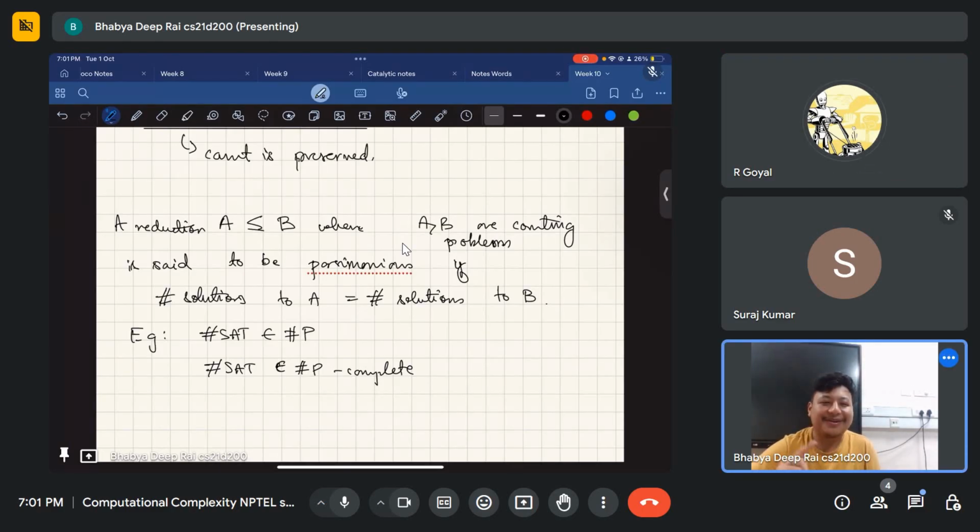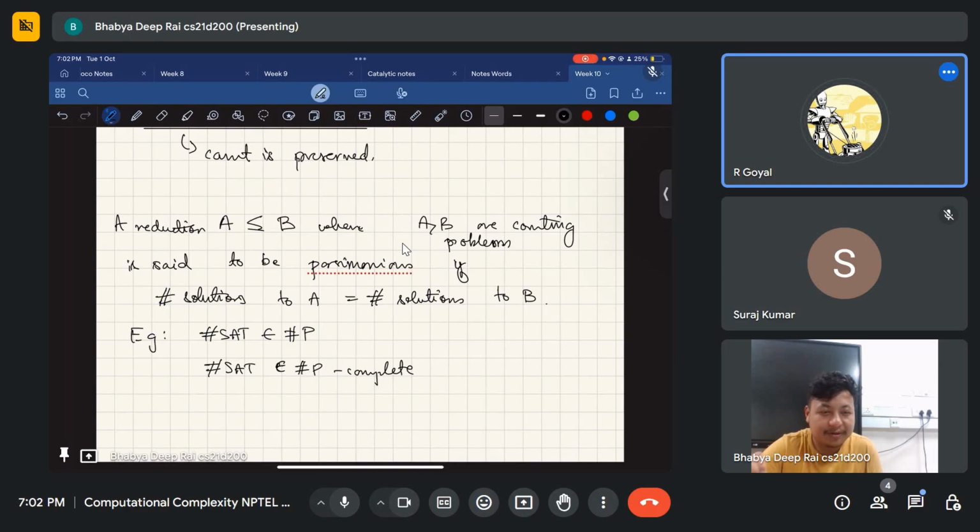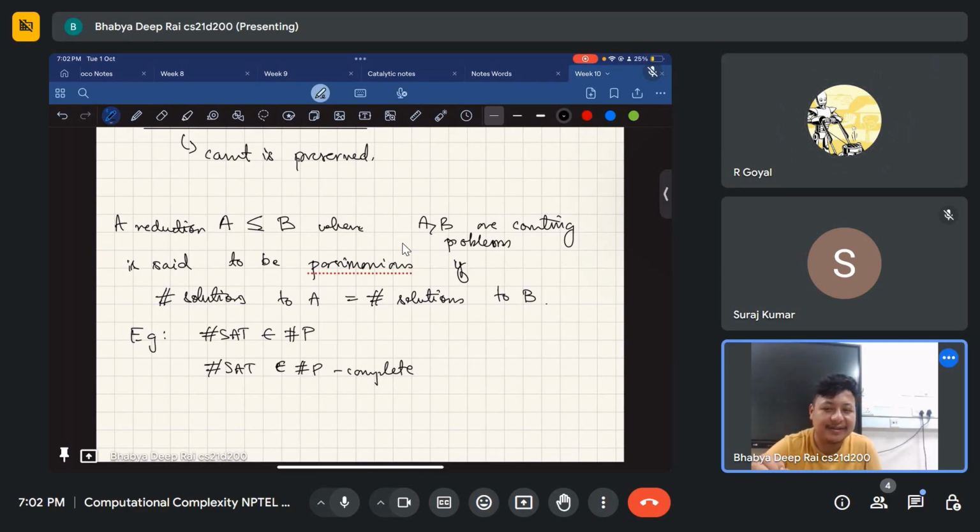I won't go into the deep details there, but look at the possible certificates to a non-deterministic algorithm. All the good certificates, that is, all the valid certificates, none of them are lost when you are converting it into a formula.